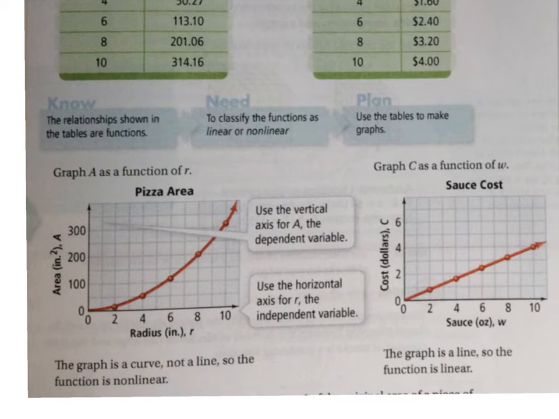So area is a function of radius. For the pizza area, we see that this is a function, yes, but it's nonlinear. For the sauce, we see that it's also a function, because we knew that, and this is a linear function.